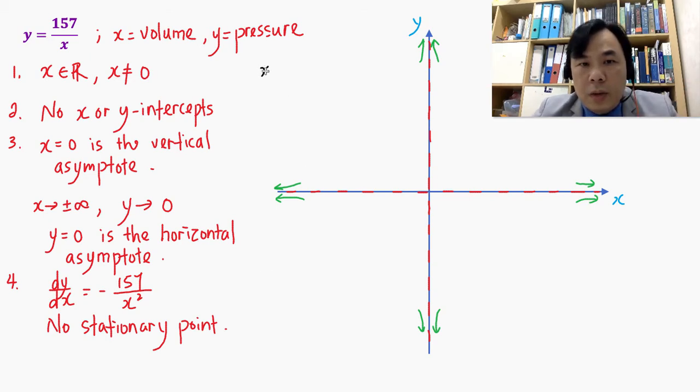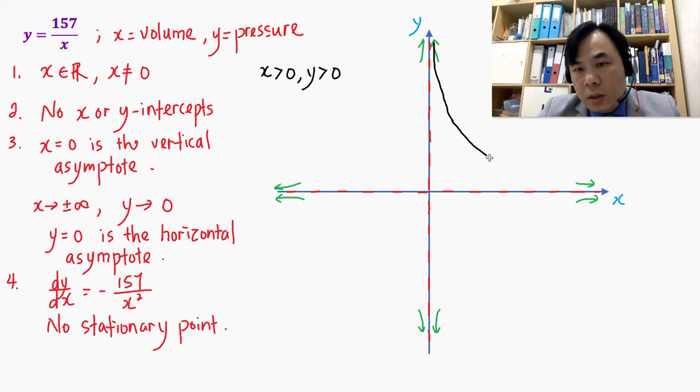For any x value that is greater than 0, for sure the y will be greater than 0. Therefore, we know that for this partition here, the graph can only exist in this section. For any positive x value, we will get a positive y value. So the graph would exist in this section, and we can know for sure that the graph will look something like this.